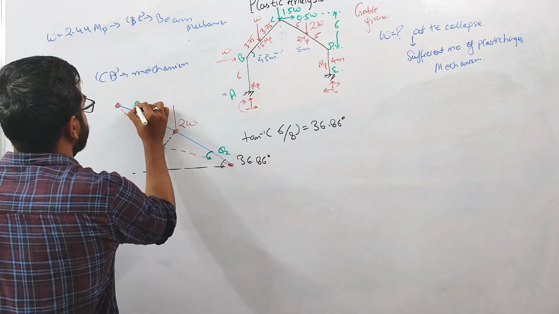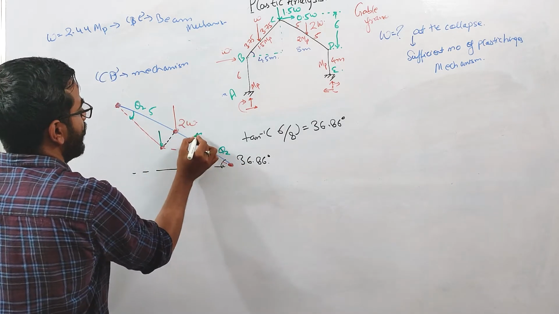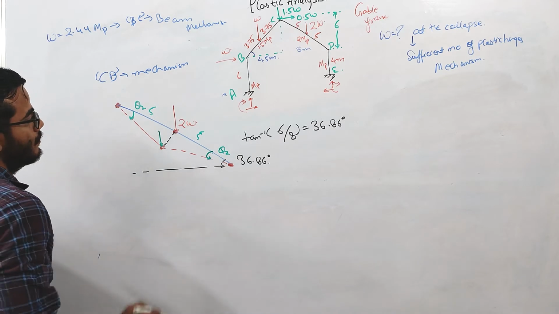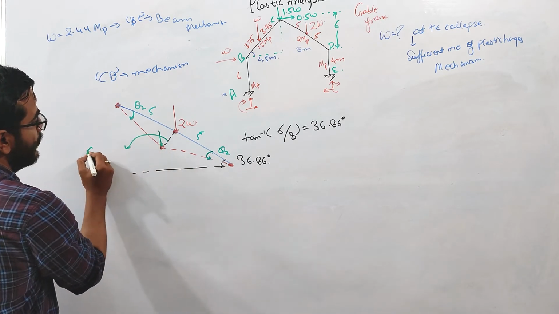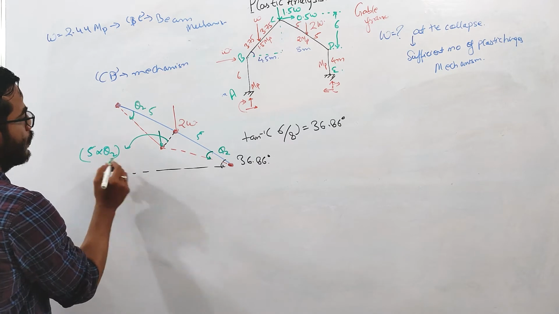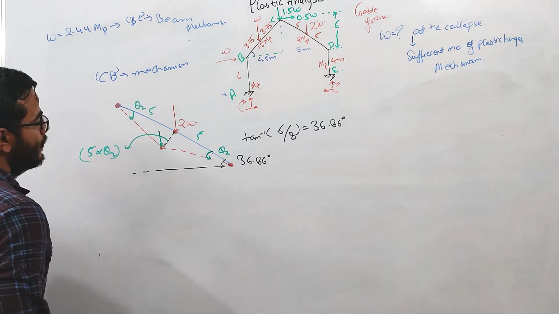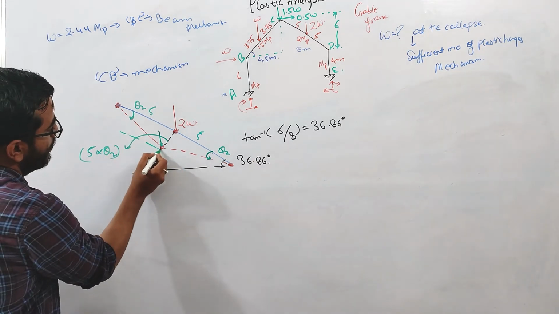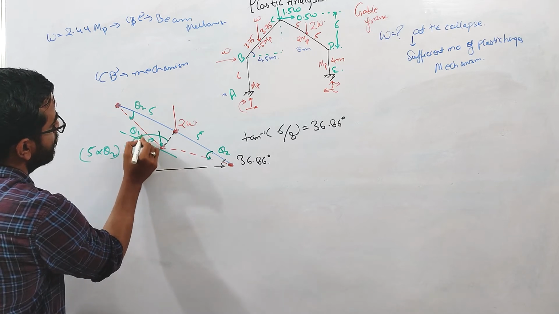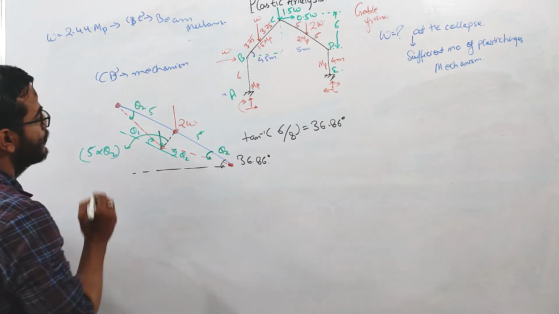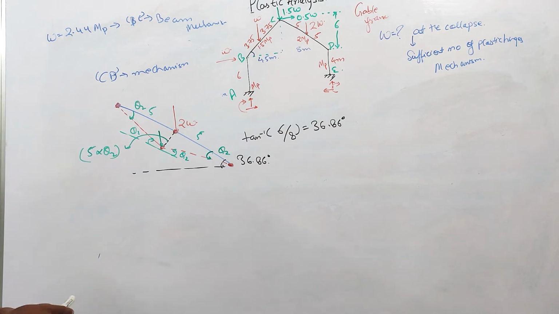This will also be theta 2 because this is 5 meter, this is 5 meter, right? So this will be 5 into theta 2. This theta is very small, right? So at this point, this is theta 2, this is theta 2.